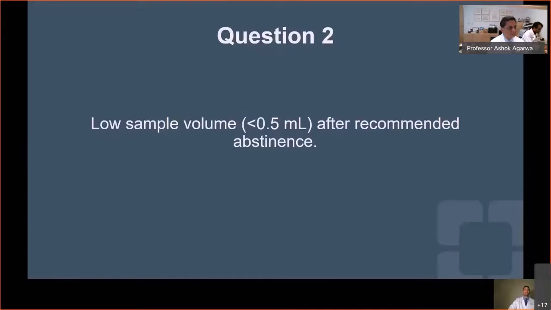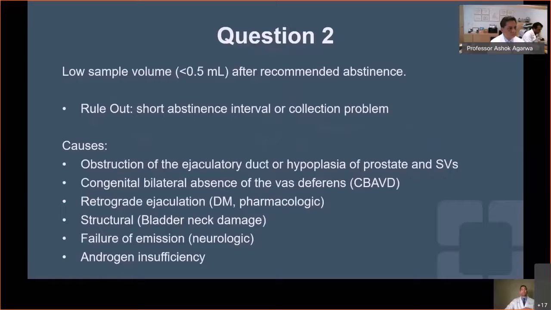The second clinical question is a patient who presents with low semen volume, less than 0.5 mLs, after the 48-hour recommended abstinence period. Of course, the first step is to ensure that the patient complied with the abstinence interval, and two, to make sure there was no problem with the specimen collection.